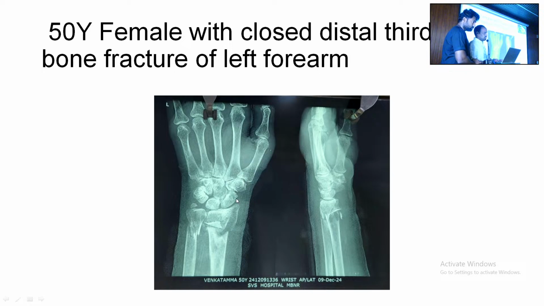Slip and fall, sir. 50 plus. Associated ulnar fracture.